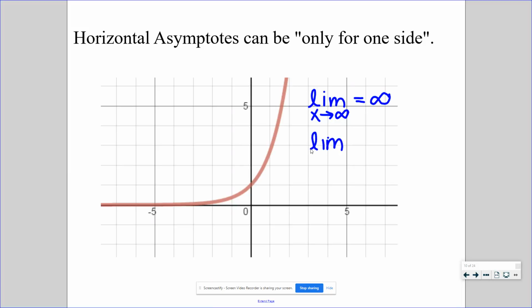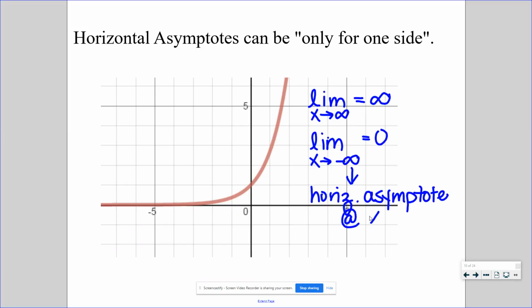However, if you say what's the limit as x approaches negative infinity, you're going to say it is 0 because the graph is leveling out on the left side. Hence, we have a horizontal asymptote on the left side of our function, just not on the right, okay? Horizontal asymptote at y equals 0.